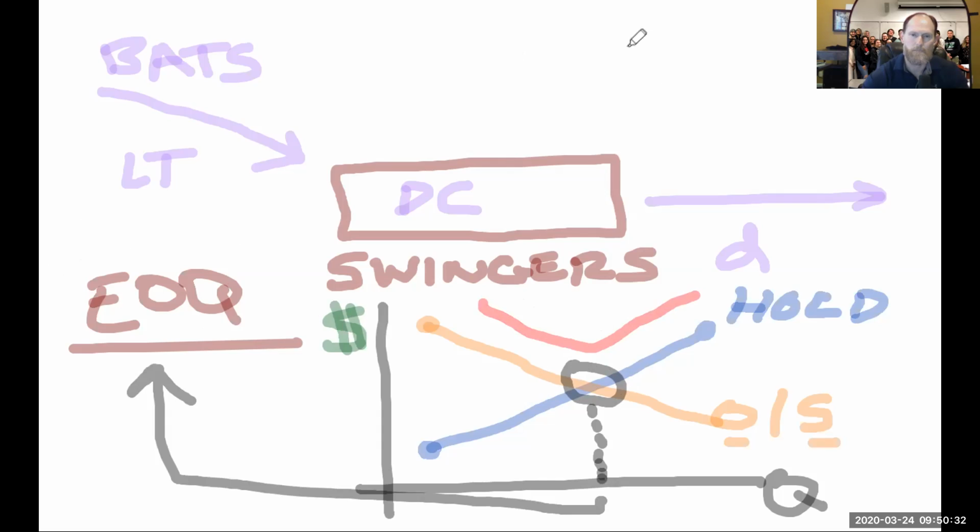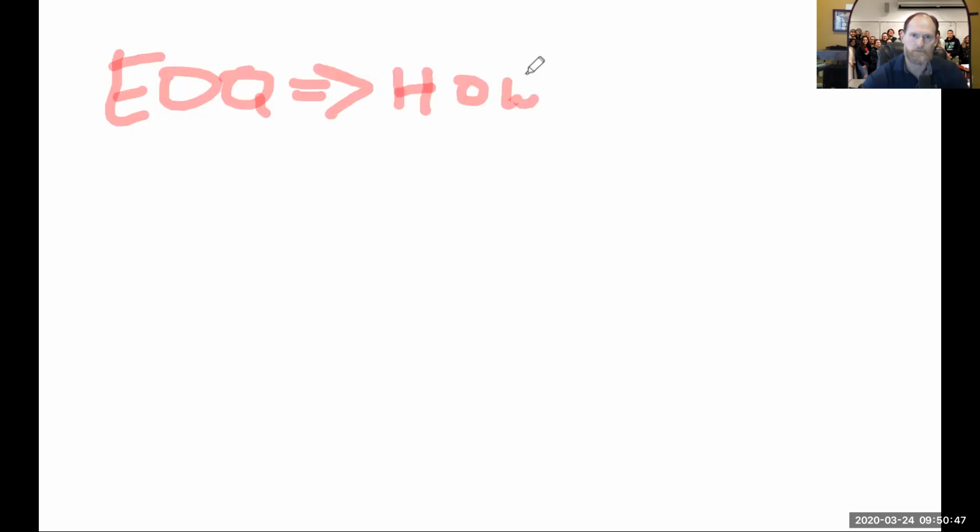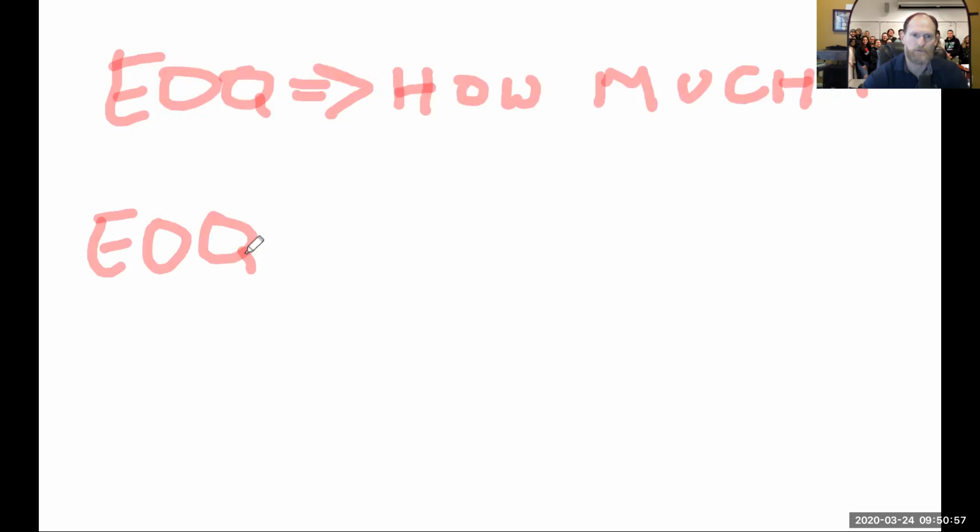Okay. So let's go on to the formula then. EOQ, the main thing here, it answers the question, how much? How much do we order? And in terms of a formula, EOQ equals the square root.